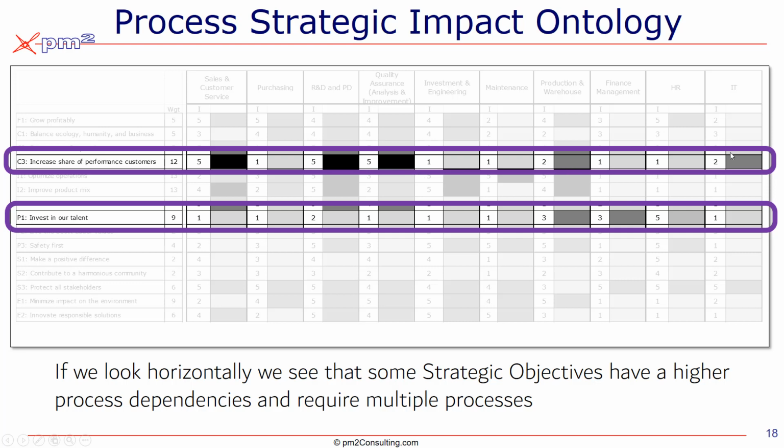We can see which ones are important and which ones have a lesser role. What this allows us to do is make sure that we're getting the right team, the natural work team, horizontally by strategic objective, put together to help solve this problem. It also allows us to make sure that we're creating the correct value stream across these processes in order to deliver this strategic objective.